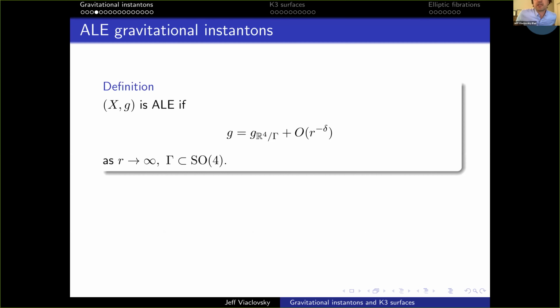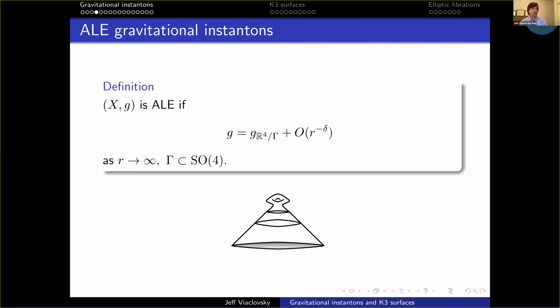So now let me go on to the list of examples. We start with ALE gravitational instantons. This was originally an abbreviation for asymptotically locally Euclidean. We say a metric is ALE if, outside of a compact set, the metric is a flat metric on R4 modulo gamma, where gamma is a finite subgroup in SO(4) acting freely on the 3-sphere, plus O(r^-delta) as r goes to infinity, just some decay terms.